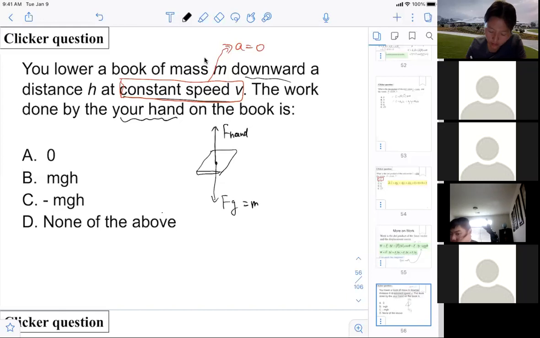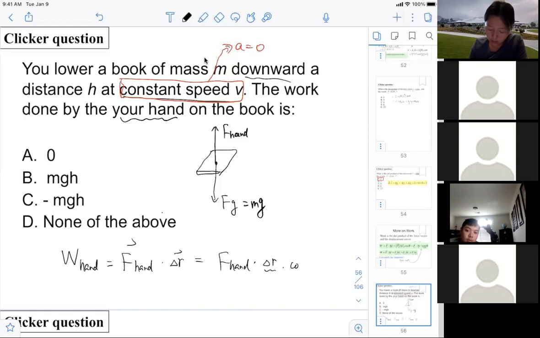The gravity is mg. If we want to find the work done by your hand, we just go to the definition: work done by your hand is the force by your hand dotted with the displacement. Now we need to know the magnitude of this force, the magnitude of the displacement, which is given, and the angle between them, because that is the definition of work.